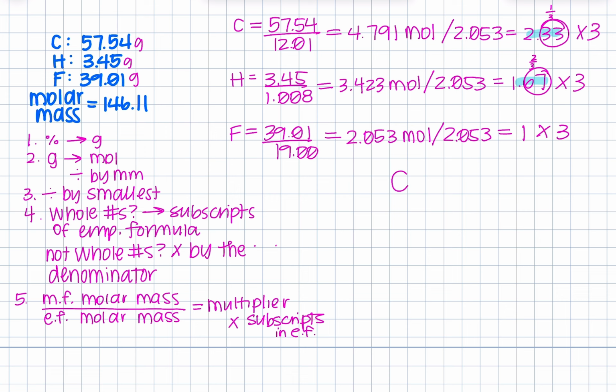What I end up with is carbon is 7, hydrogen is 5, and fluorine is 3. Now I have whole numbers. Now those are my subscripts for my empirical formula.